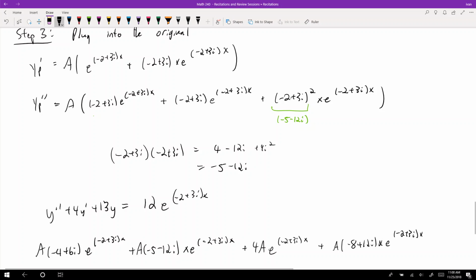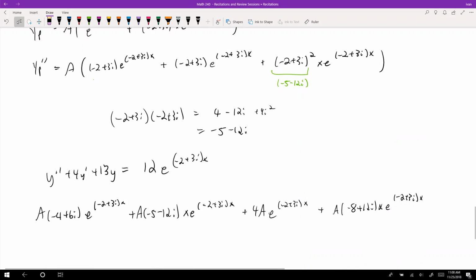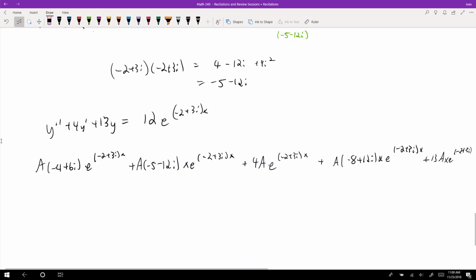And then plus 13 times the original guy, 13 A x e to the negative 2 plus 3ix.